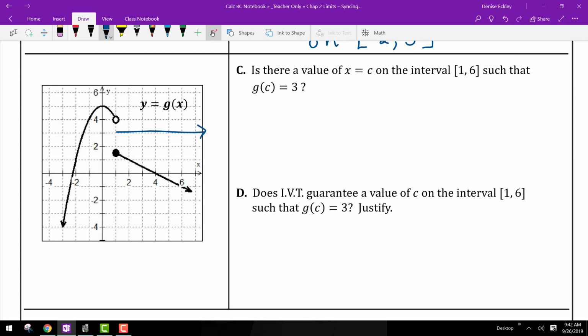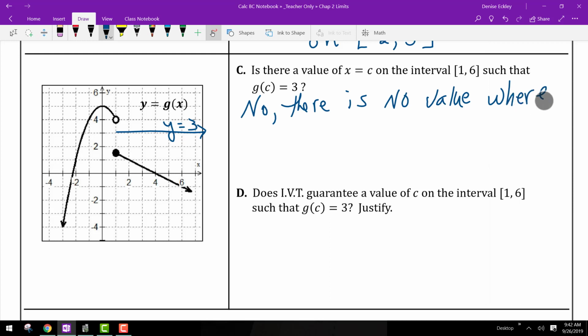There is no value there. So the answer is going to be no. There is no value where g of c equals 3 on that interval.